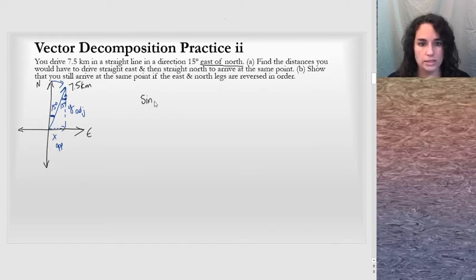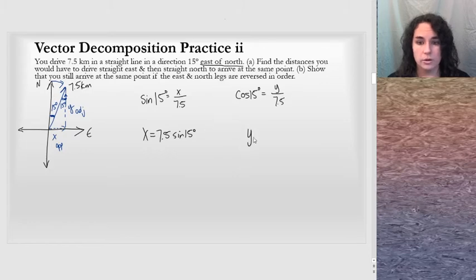So I'm going to say sine 15 degrees equals x over 7.5. I'm also going to say cosine 15 equals y over 7.5. Those are both true. I can solve both of these equations. 7.5 sine 15 degrees is the x. Y equals 7.5 cosine 15 degrees.